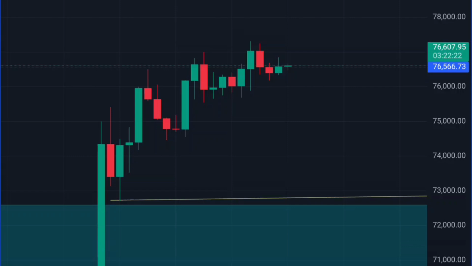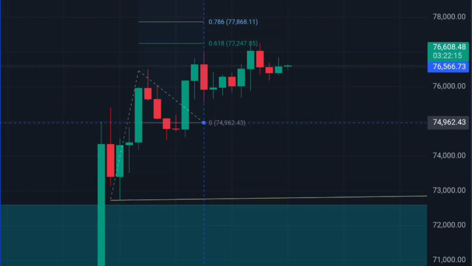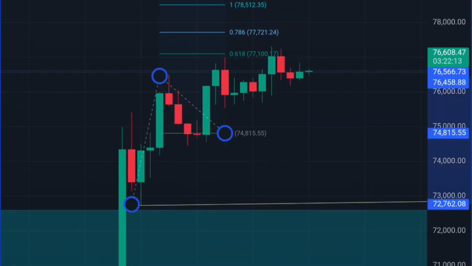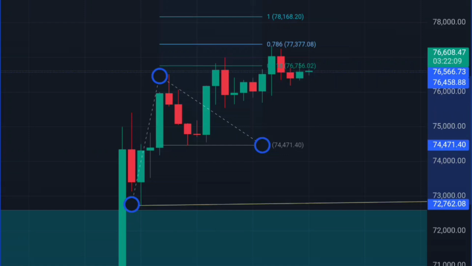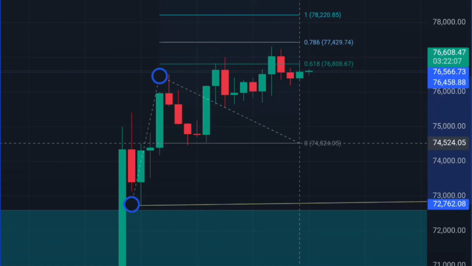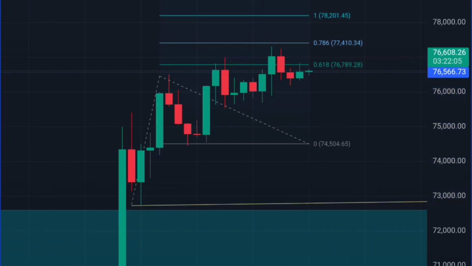Let's take some fib measurements from this current low to high and project from these lows. The wave up made it past the 618, the subsequent wave. This one reached beyond the 618.